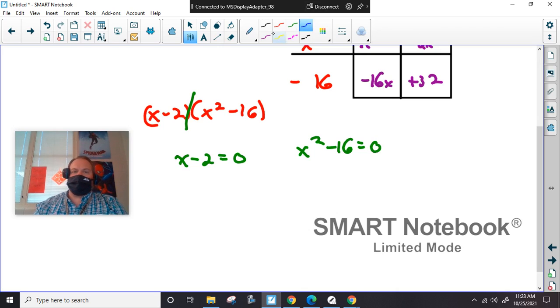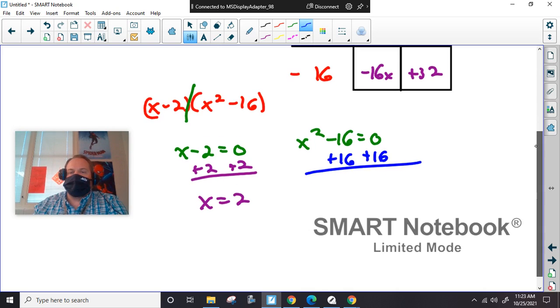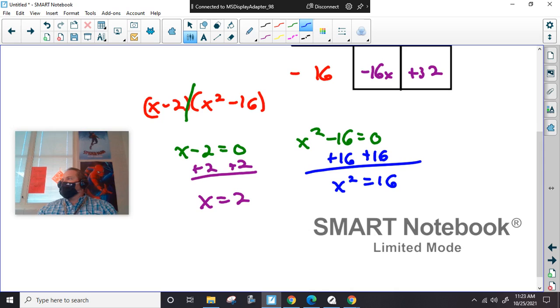If we did this, we would add 2 to both sides, so we get x equals 2. Over here, we would add 16, so we get x squared equals 16. So how do we get rid of that x squared? Square root.